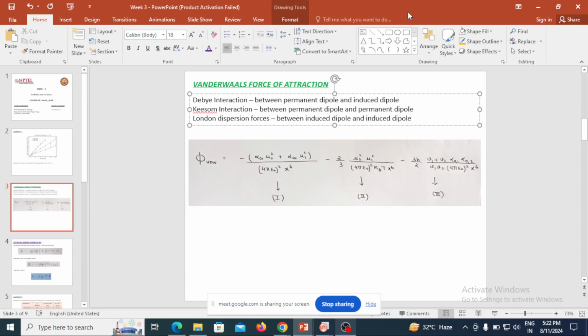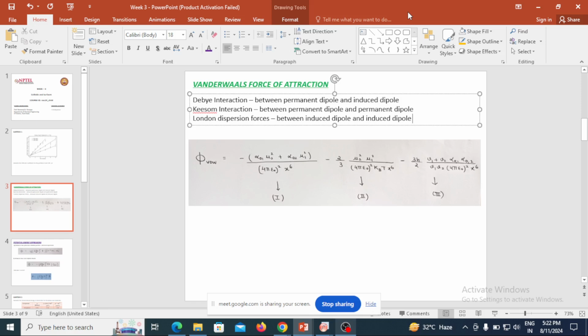So what are these? A dipole is nothing but when you have a positive charge and a negative charge of equal magnitude, and they are separated by a distance of, let's say, L. Then this system is called a dipole.